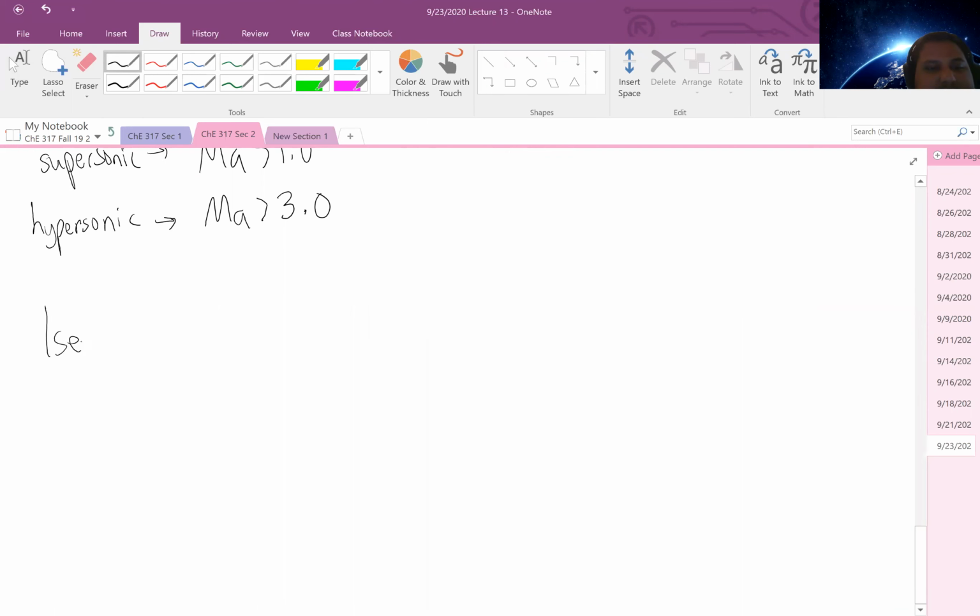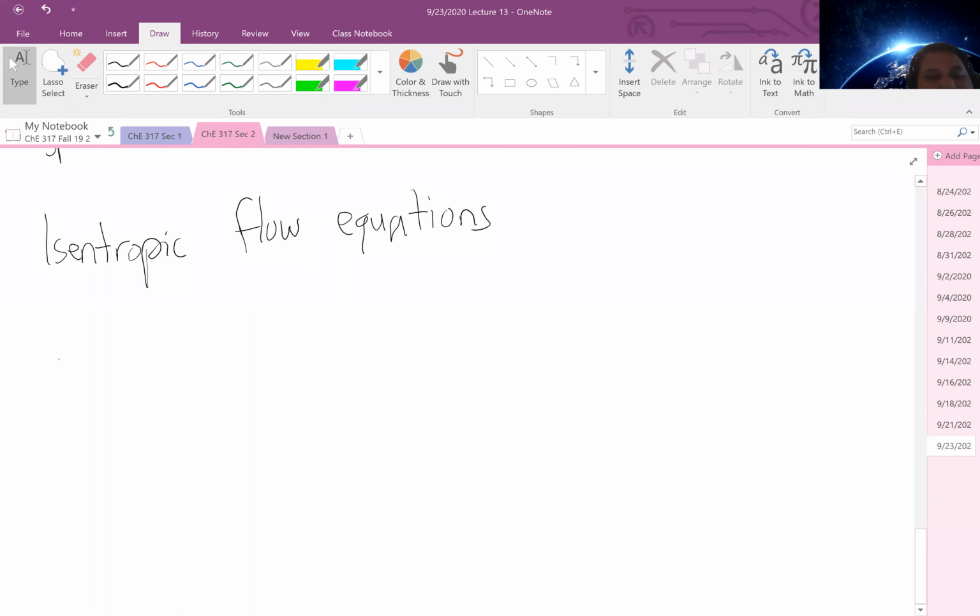So, isentropic flow equations. The first thing we consider is what's known as a critical pressure ratio.